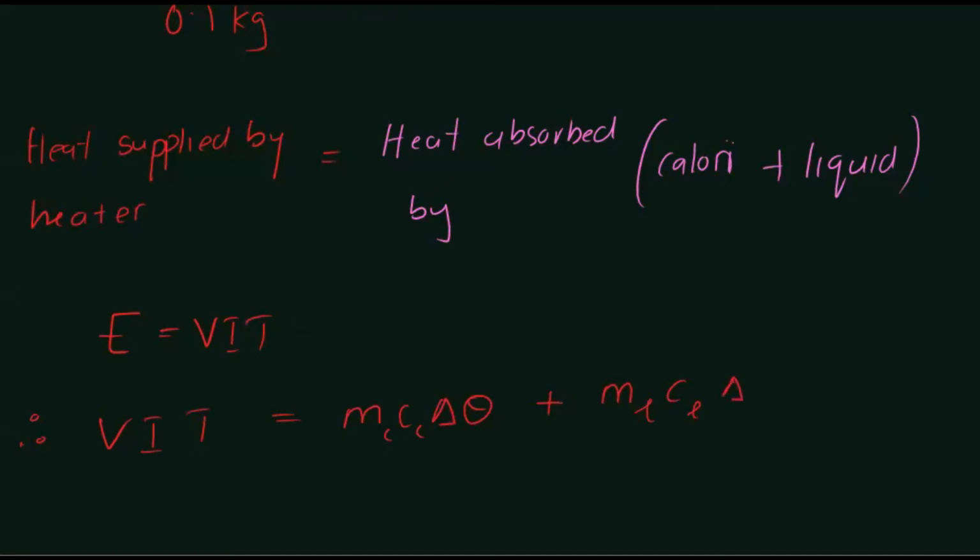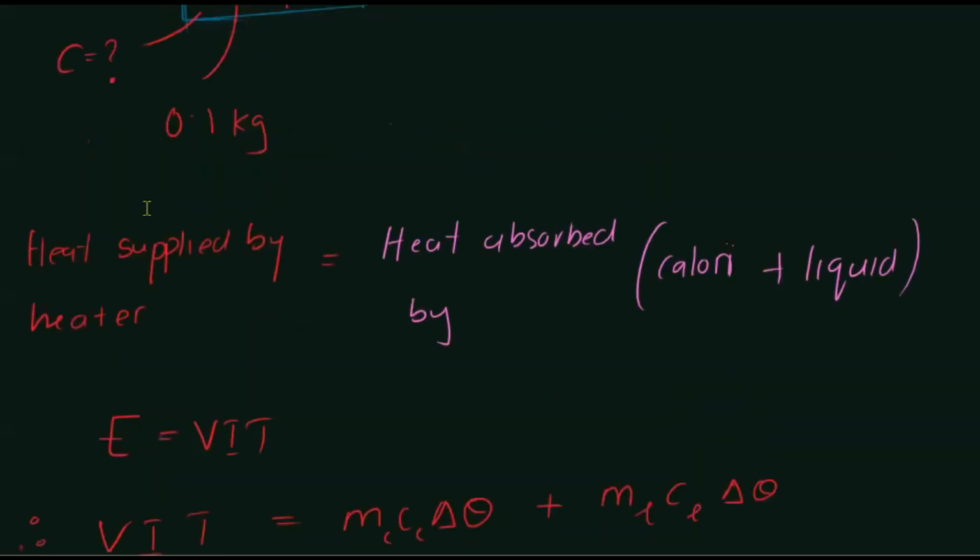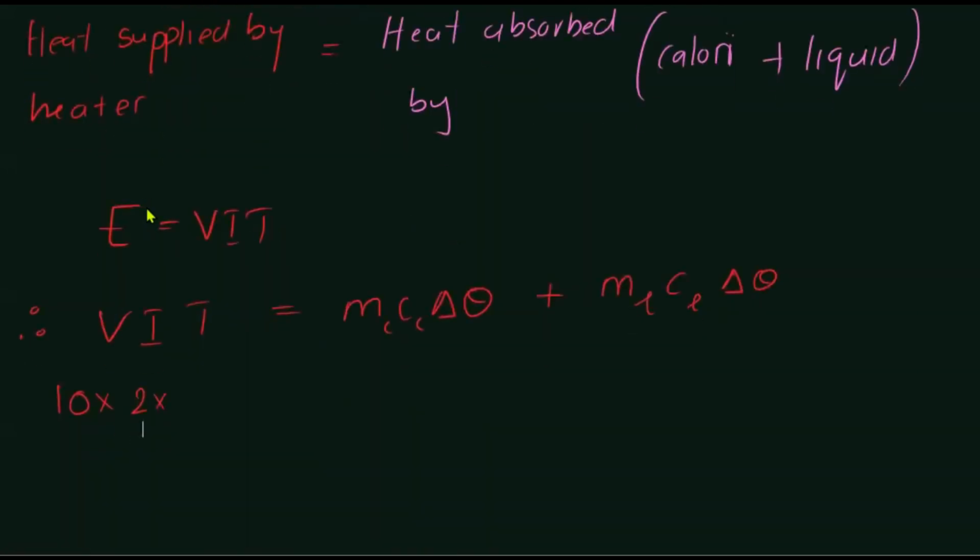What is the voltage? 10 volts. What is the ampere? 2. What is the time? This was supplied for 10 minutes, which means 10 into 60, right? We have to write it in seconds. Mass of the calorimeter is 0.25.